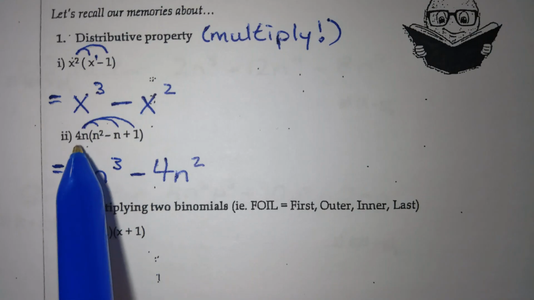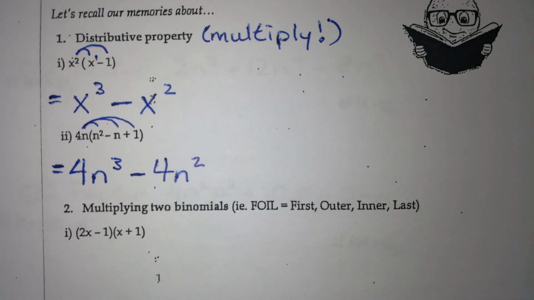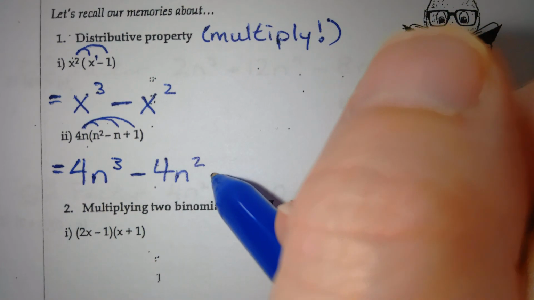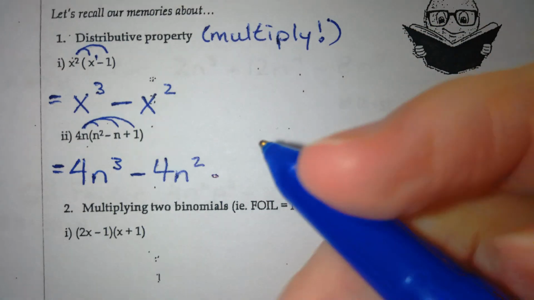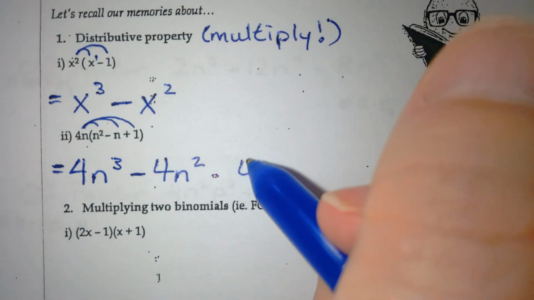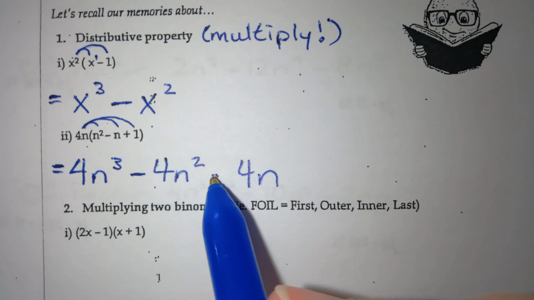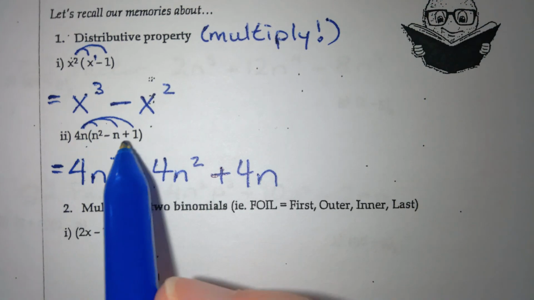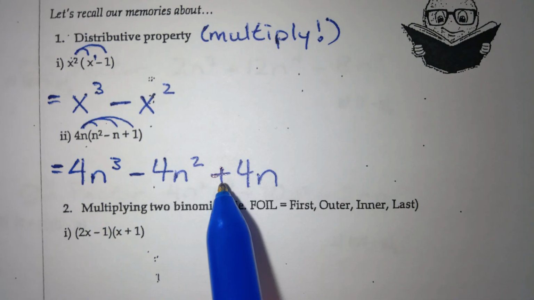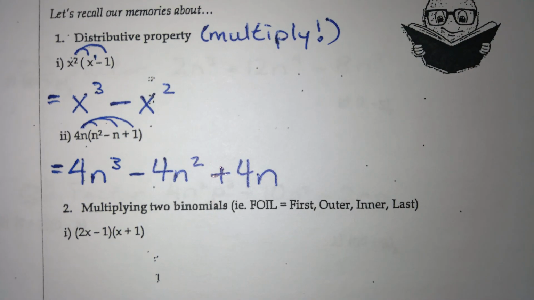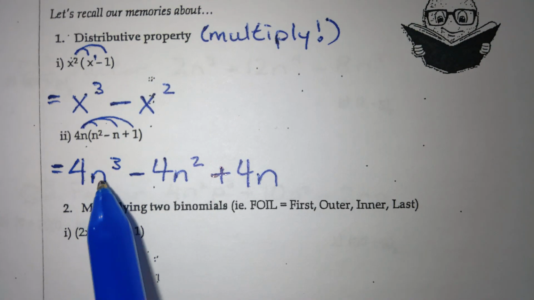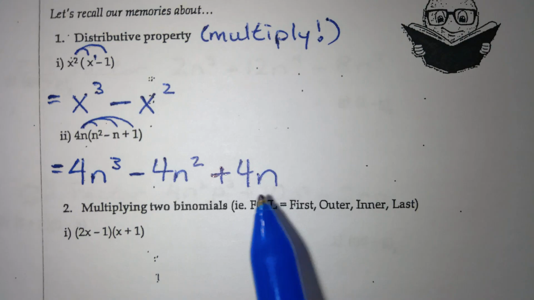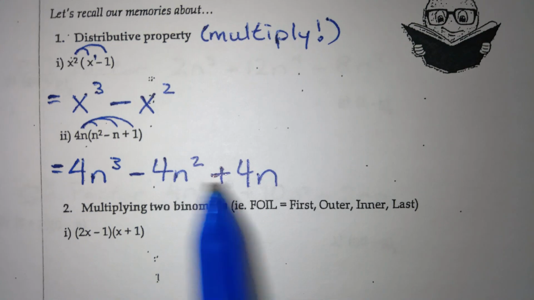What is 4n times 1? Ethan? 4n. And what is my sign here? Positive, because 4n times positive 1 is positive 4n, so that's why it's plus. I liked how you told me the terms, but we still have to connect them with a plus or minus sign.